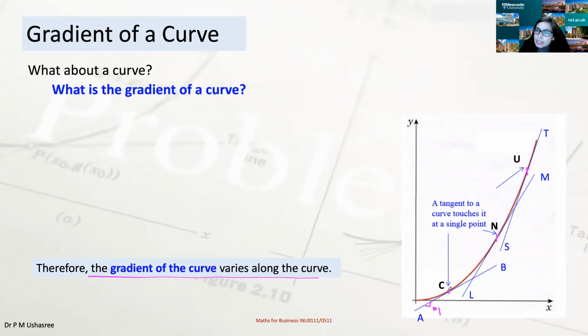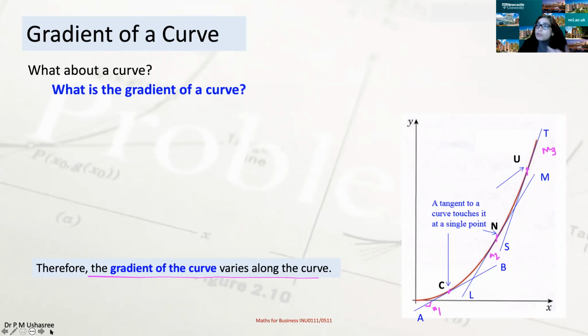So the gradient at this point is M1. The gradient of the line LM is M2, so the gradient at this point N is M2. The gradient of ST is M3, so the gradient at the point U is M3.